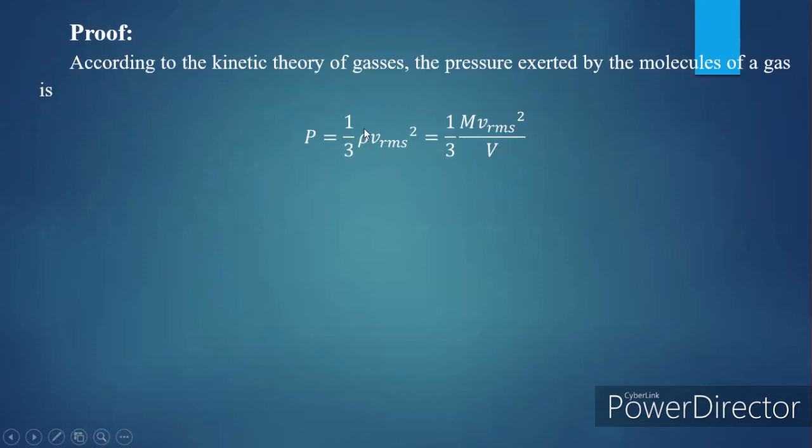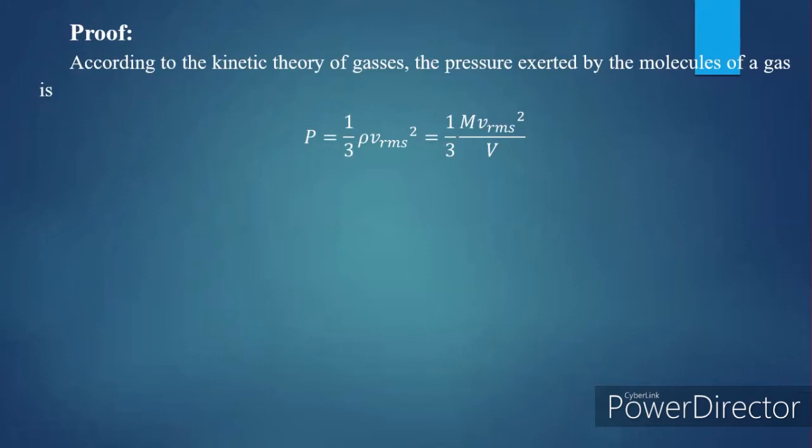So it can be rewritten as 1/3 into m into V RMS square divided by capital V. Here m is the molecular weight, otherwise the total mass of the gas system, and V is the volume of the gas.